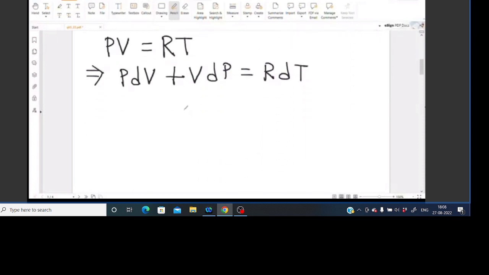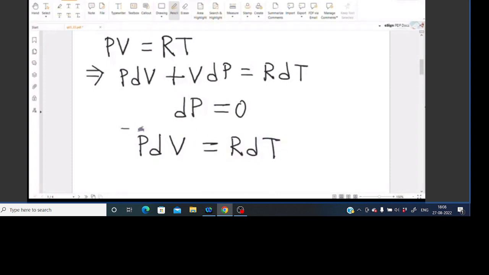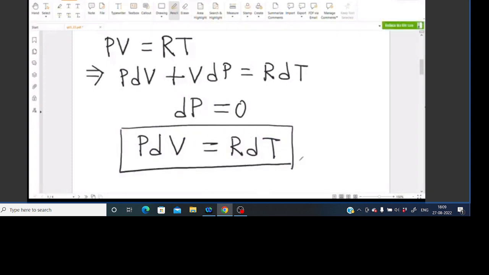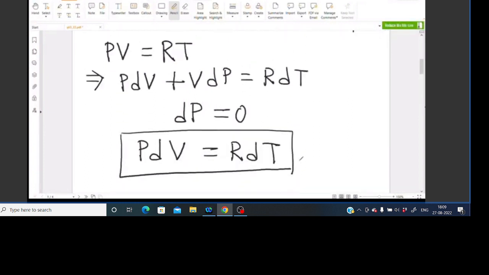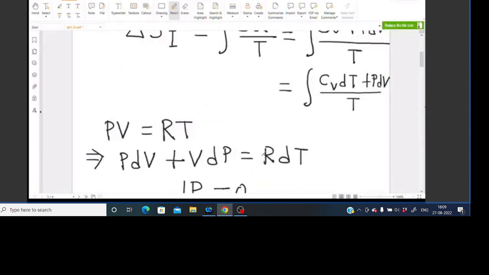As pressure is constant during this process, we have dP equal to 0. So P dV equal to R dT. Now we'll replace P dV by R dT in this expression.